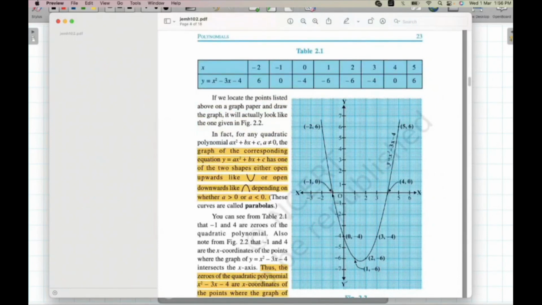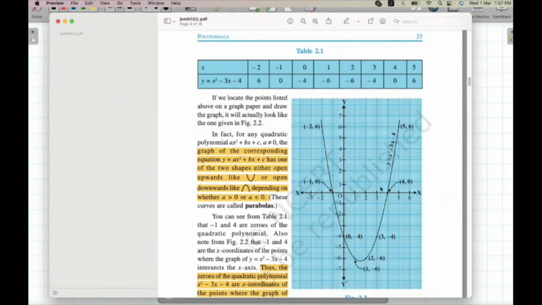As you could see, one zero is at x equals 4. Another zero is at x equals minus 1. At x equals minus 1, there is a zero. So the polynomial's value will become 0 here and here, and as you can see, these are the places where the graph is cutting the x-axis.